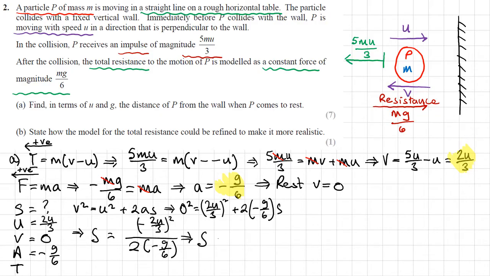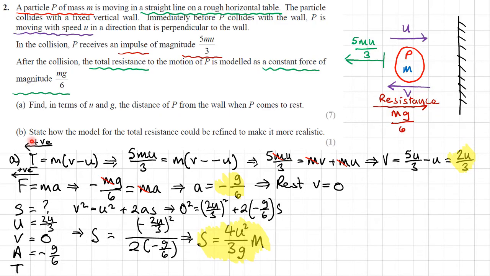That simplifies to 4u squared over 3g. So I've got the distance, and this is in meters, in terms of u and g, which is what they wanted. We can't get a numerical answer because we don't know the exact value of u, but there we go.